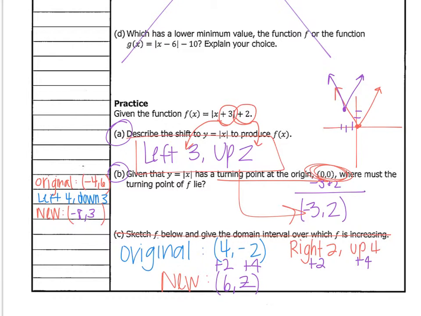So left 4 means to subtract 4. Down 3 means to subtract 3. So we have negative 4 minus 4 more is negative 8. And 6 minus 3 is positive 3. So again, that's just more practice with that turning point and using the shifts to describe where it's actually located.